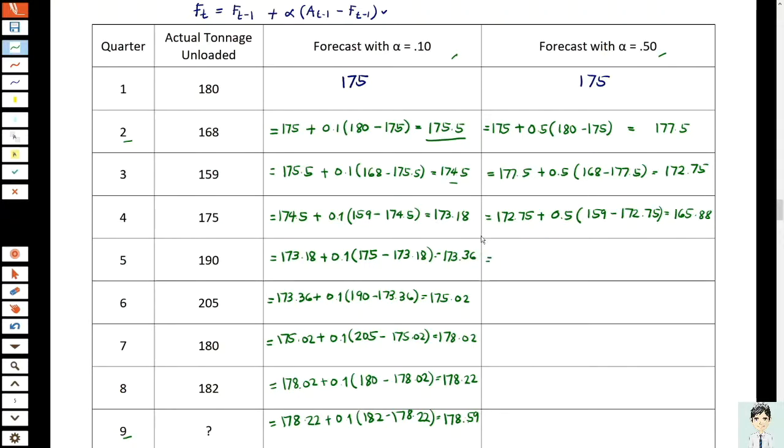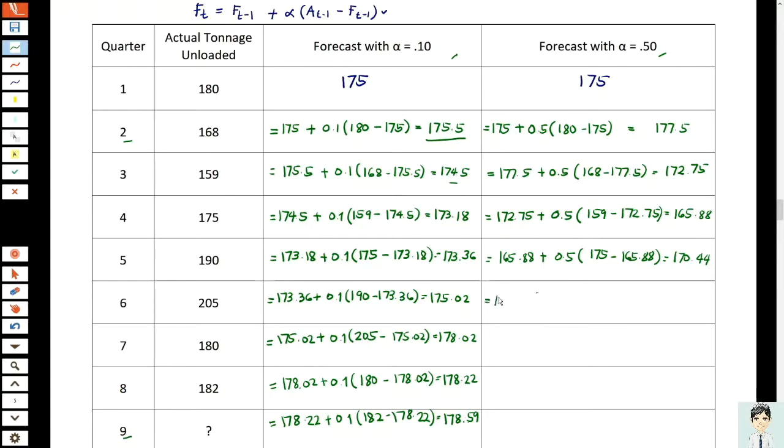Next, for the fifth quarter, 165.88 plus the smoothing constant. Ano yung actual natin? 175 minus 100 the previous forecast, 165.88 is equals to 170.44.